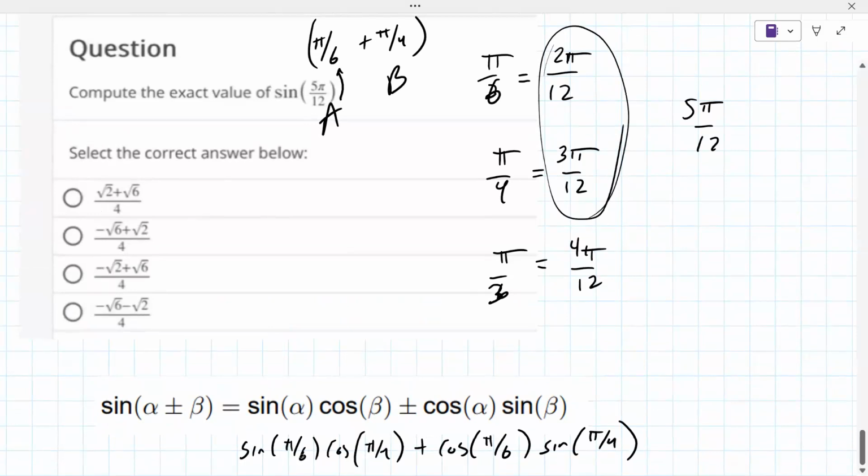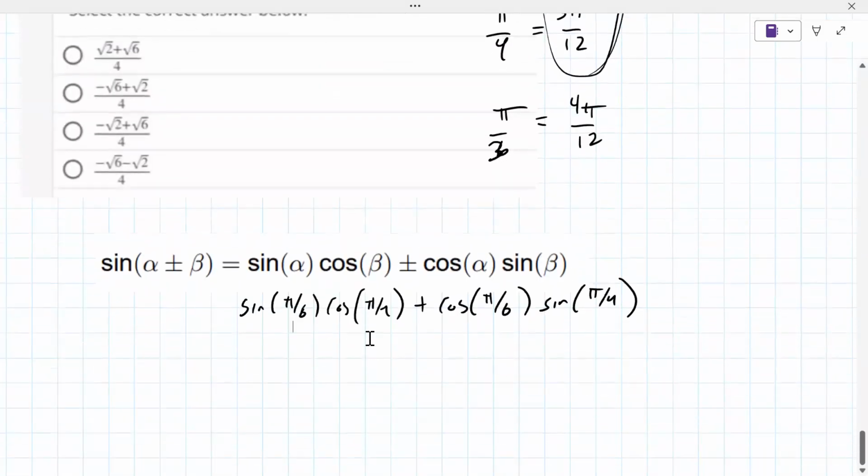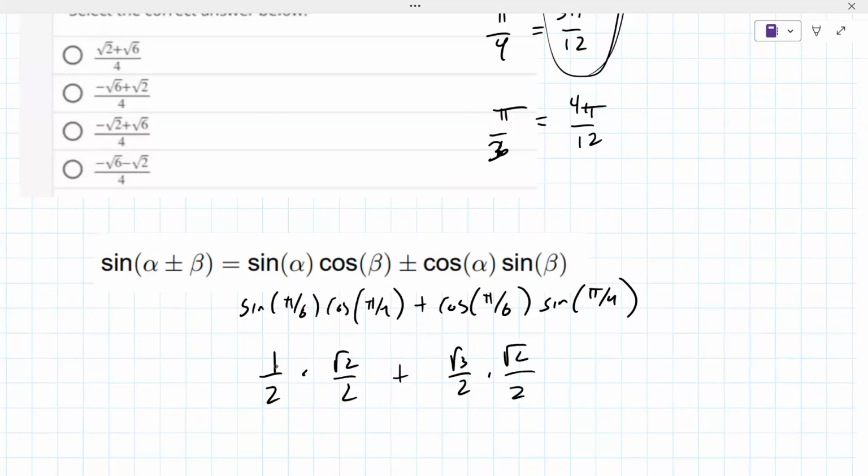And then you just find the values for those. Sine pi over 6 is 1/2 times square root of 2 over 2, plus square root of 3 over 2 times square root of 2 over 2.